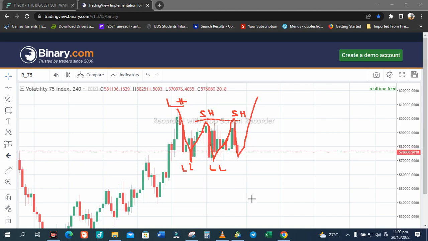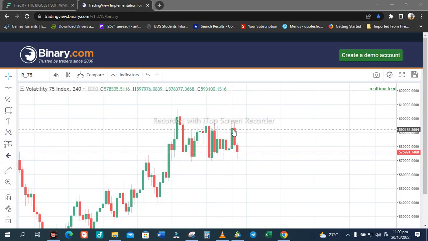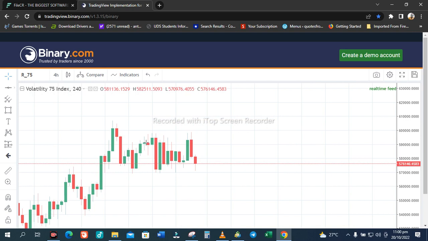When you go down to the smaller time frame, you realize that there's some block that... let me zoom out and show you something here.